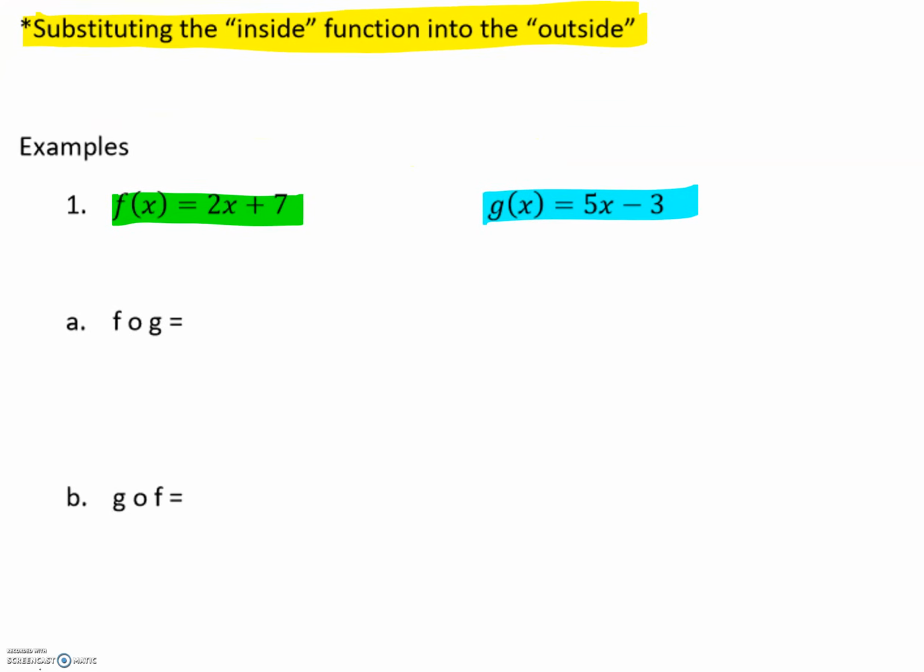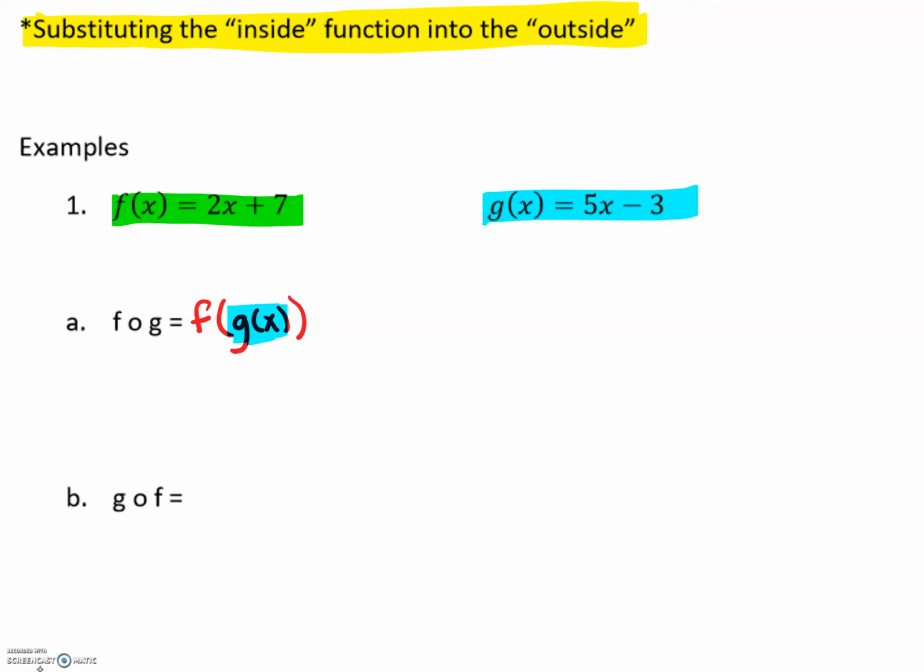Now for part A, the first thing I'm going to do is rewrite this. Like I said earlier, the first function goes on the outside, the second function goes on the inside, and there's an understood x. We always work from the inside out, so on the inside we have g of x.